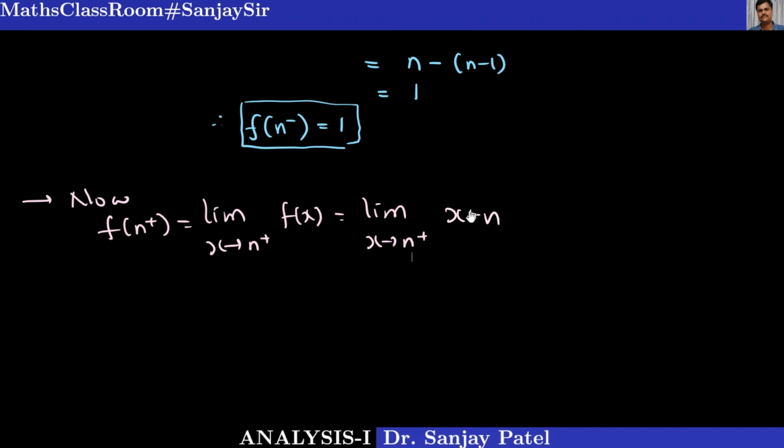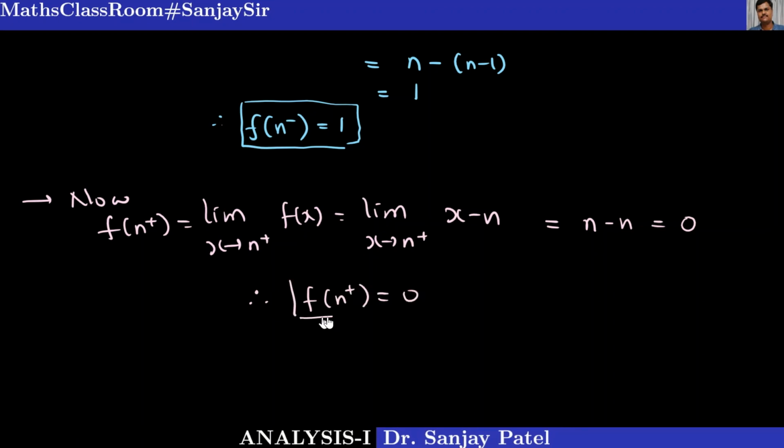Again, this is a linear polynomial and therefore its left limit and right limit are the same as the value of the function. So putting x equal to n, we get n minus n equal to 0. So what I have got is f of n plus equal to 0.